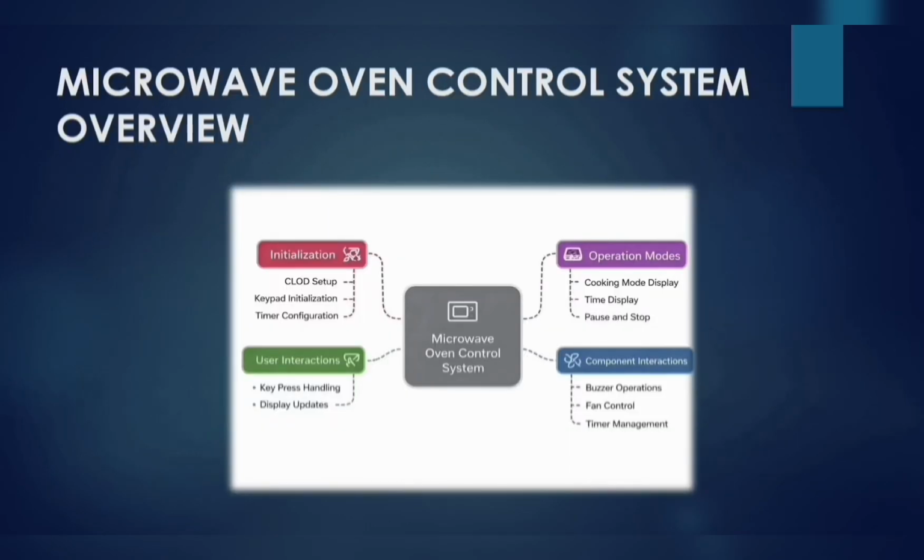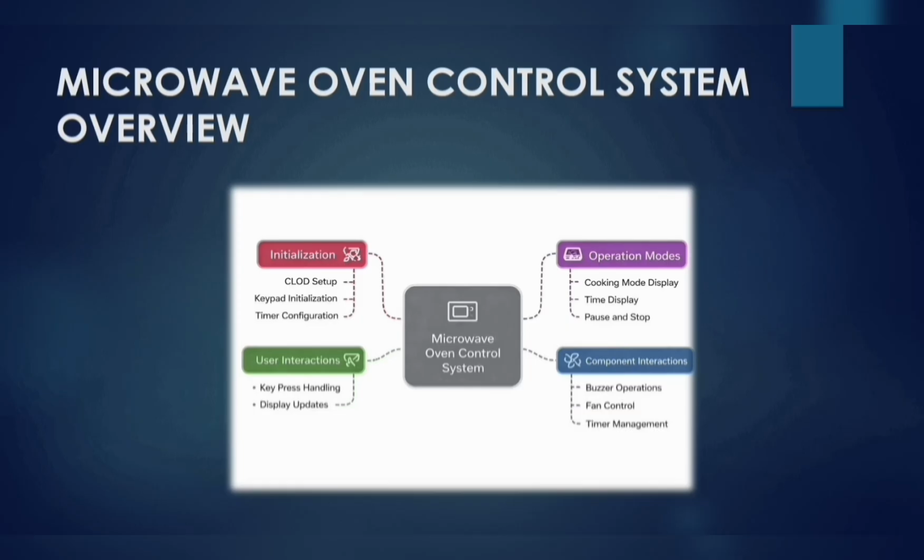Next, the microwave control flow of the system. We have some functions which are used to initialize, which include the CLCD, keypad initialization, and timer configuration. We have some functions which are used for the operation modes, which mainly include the cooking mode, time display, and the pause and stop capability.